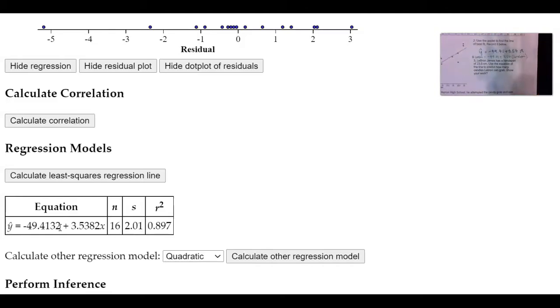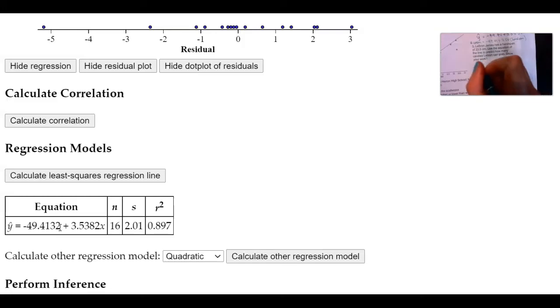Okay. All right, number 3. LeBron James had a handspan of 23.5. Use the equation of the line to predict how many candies LeBron can grab. Okay, so LeBron has 23.5, so I'm going to take that 23.5 and plug it into x over here.